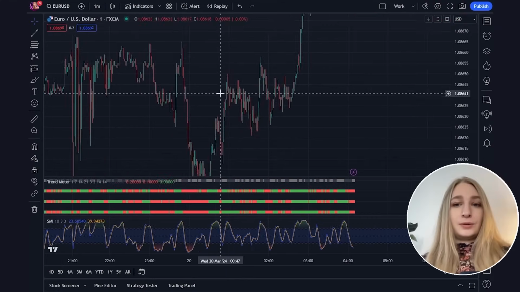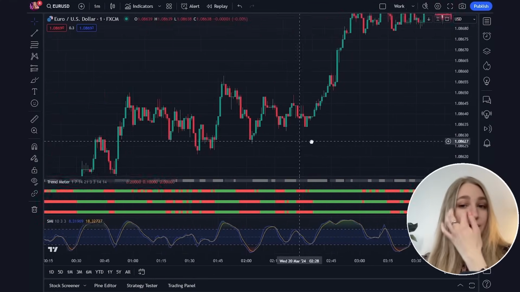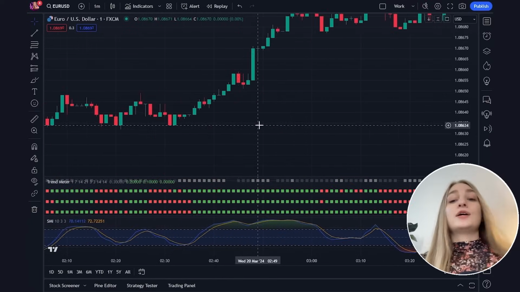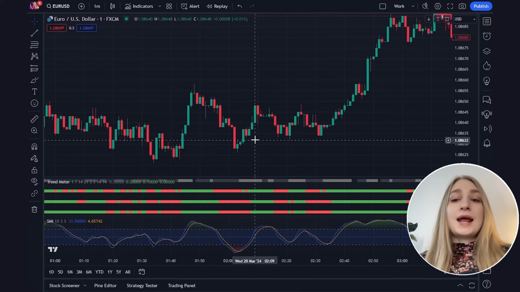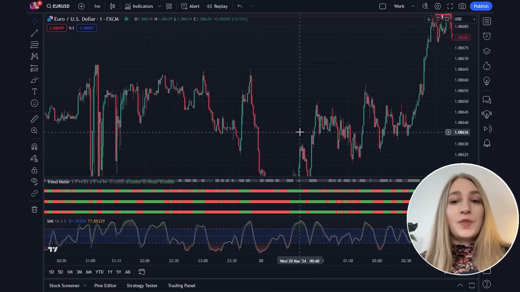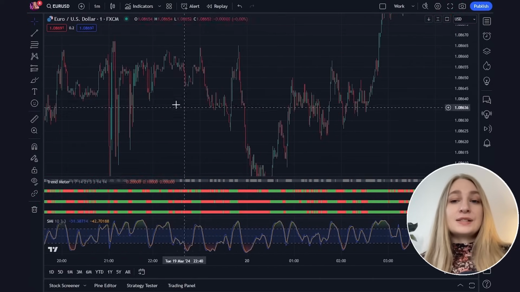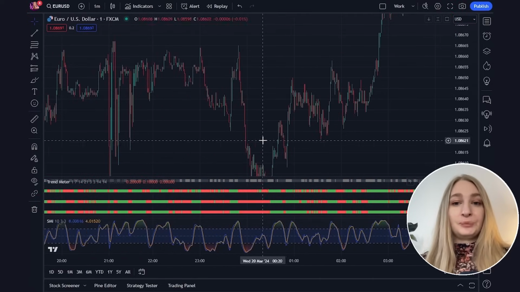Okay, we are on TradingView and let's start with the Trend Meter. If we zoom in and out of the graph, then these lines change their structure.